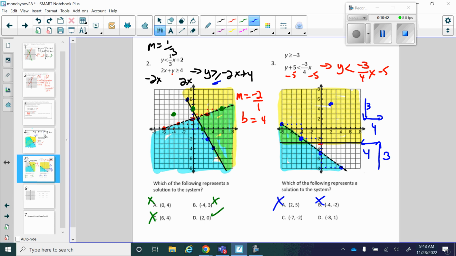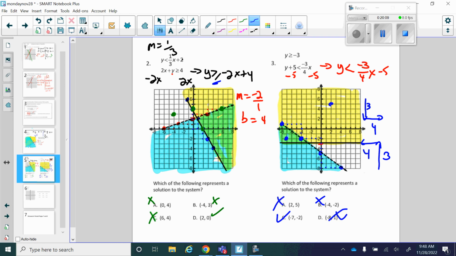Okay, negative 7, negative 2 is right here. Yes, that's good. That's in that green area. And negative 8, positive 1 is right here. No, that's not it. So the only one is negative 7, negative 2.